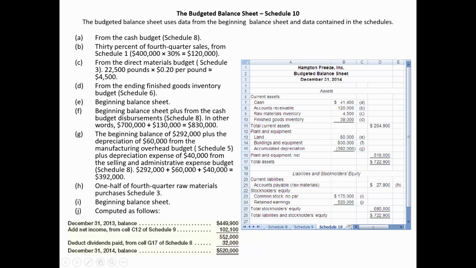So that's the $552,000. Next, we want to subtract out the dividends paid, and that's from Schedule 8. We know we were going to pay out $32,000 in dividends, and so our December 31st, 2014 ending balance in retained earnings will be $520,000.